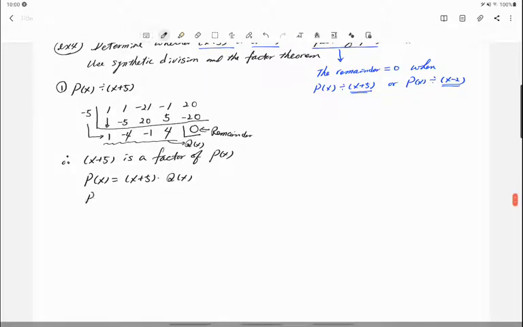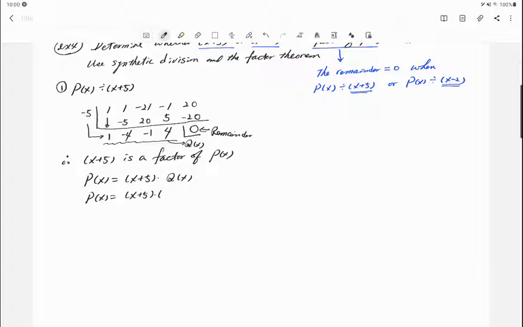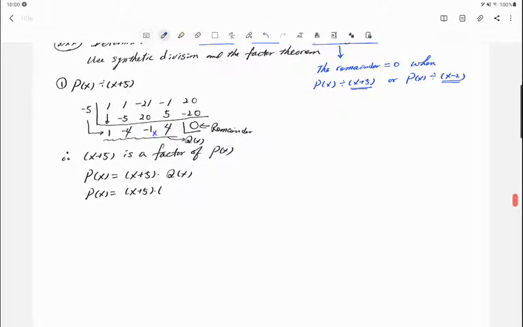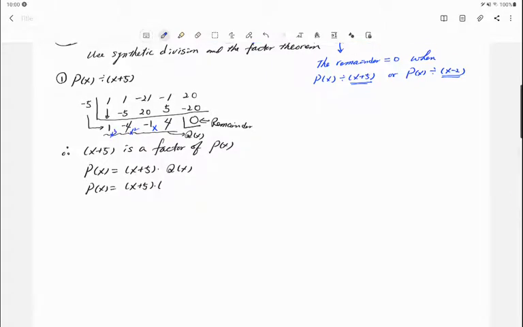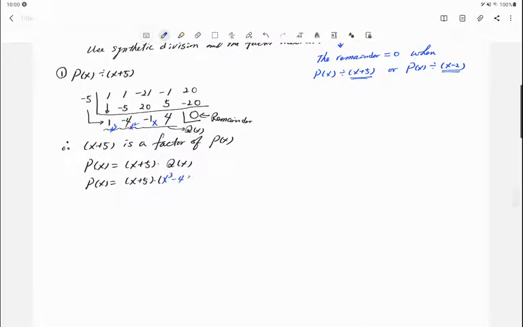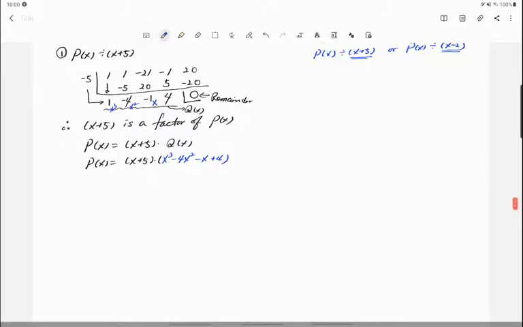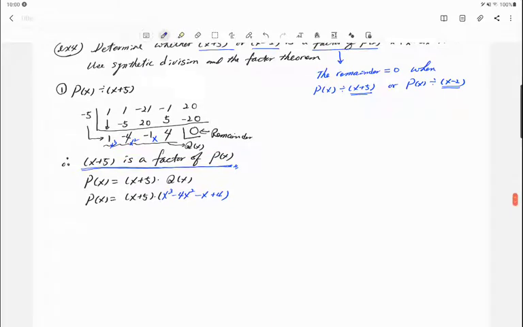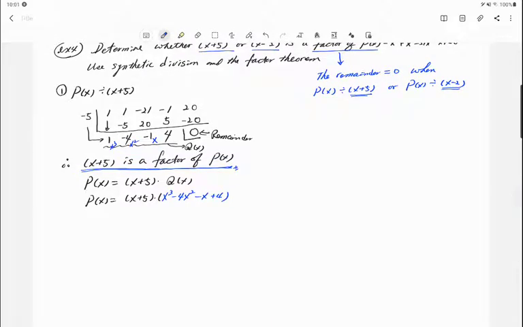If you rewrite it, P of x equals x plus 5 times x cubed minus 4x squared minus x plus 4. We can answer with only this, since we just want to determine whether x plus 5 is a factor. But if you go further, we can write P of x as a product of x minus 2 and this one.